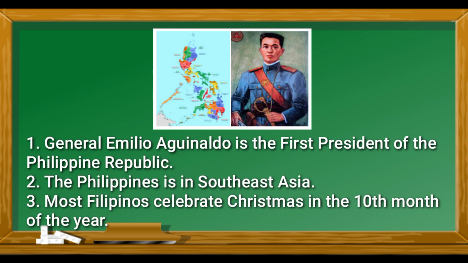Now, tell me whether the following sentences are true or false. Number 1. General Emilio Aguinaldo is the first president of the Philippine Republic. True. Very good. Number 2. The Philippines is in Southeast Asia.